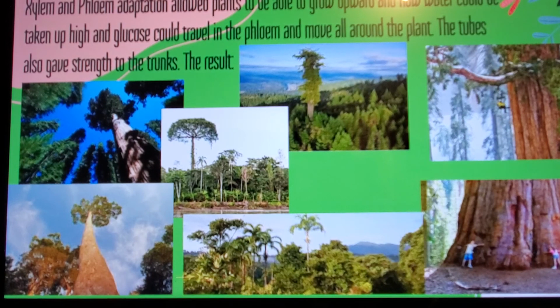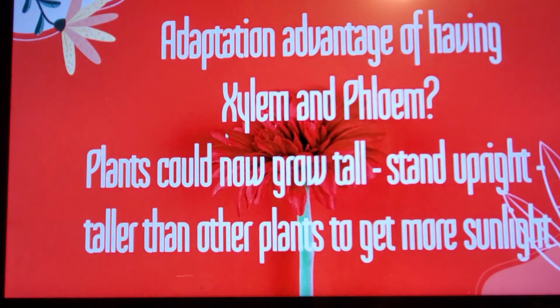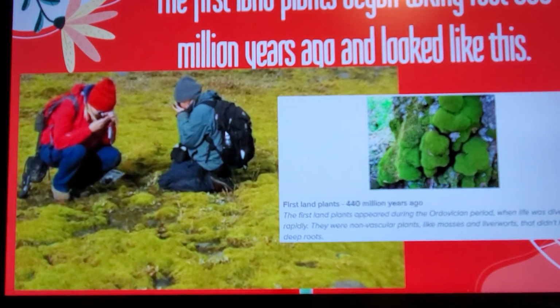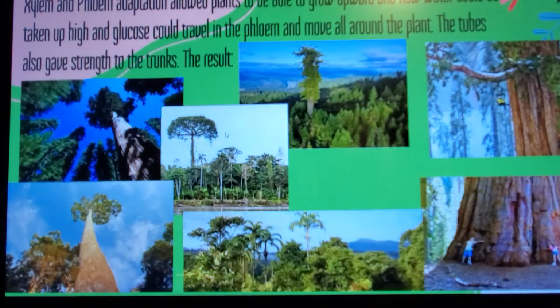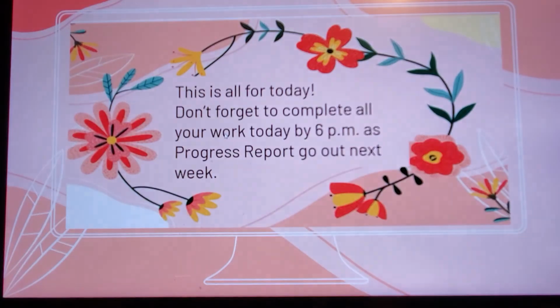And that's what we have. The result is these humongous trees and humongous grasses that are very tall, not just the very flat type of organisms that existed initially. So that's why it was a good thing.